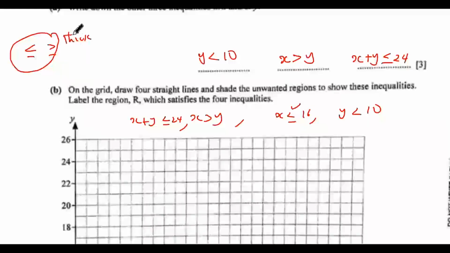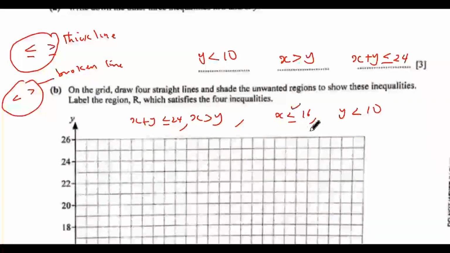If you have less than or greater than, you make use of a broken line. This is very important, a broken line versus a thick line. For x less than or equal to 16, we are going to use a thick line because of this inequality.